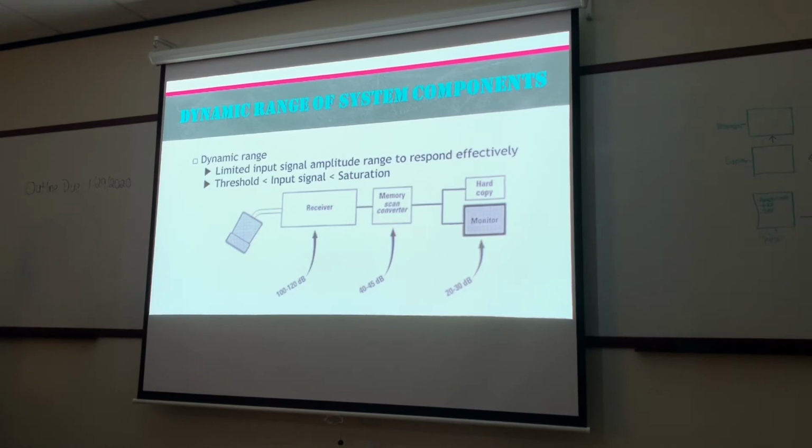Again, the scan converter, like I said, we're going to elaborate on that next chapter, chapter 15. Okay, and then from the scan converter, it goes to the monitor and the storage and archiving. But as you can see, regardless, image information is being lost. The more we process, the more information is being lost.